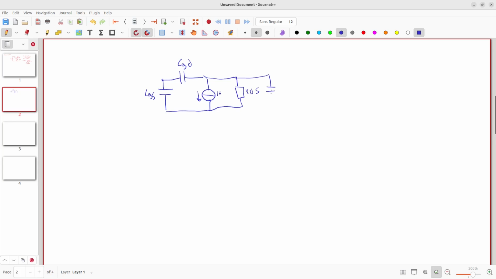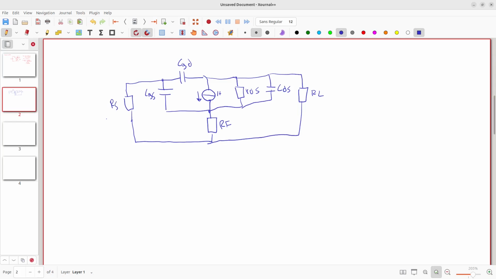We have the total capacitance here at the drain source, here also drain source. We have our feedback resistor here, RF, then a load resistor here, RL, and then our resistor RS.